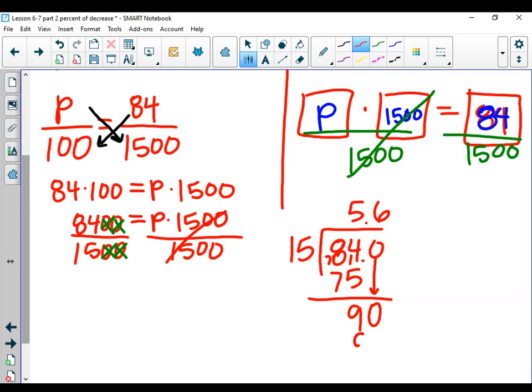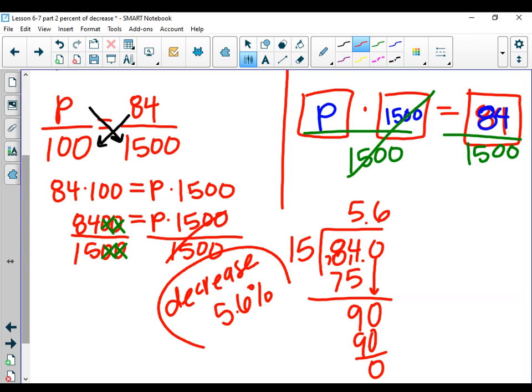Ooh, I love when math works like this. So, who was it? Your sister, your brother, your cousin? Their car money just decreased by 5.6%.